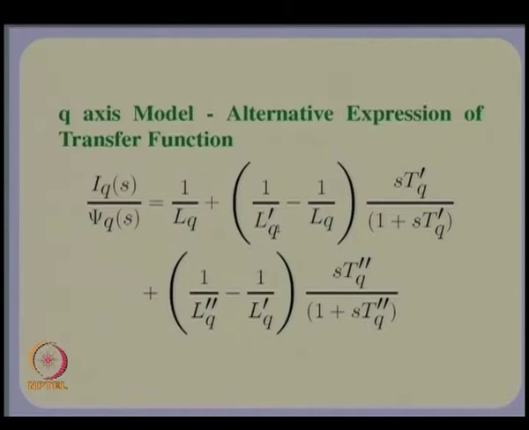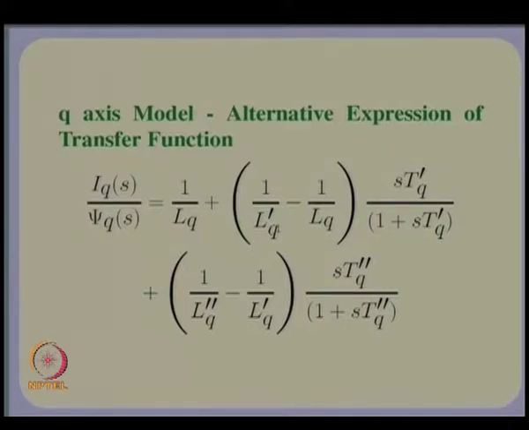The short circuit transient time constant is TQ dash, the short circuit subtransient time constant is TQ double dash. Similarly, TQ0 dash is the transient open circuit time constant and TQ0 double dash is the subtransient open circuit time constant.